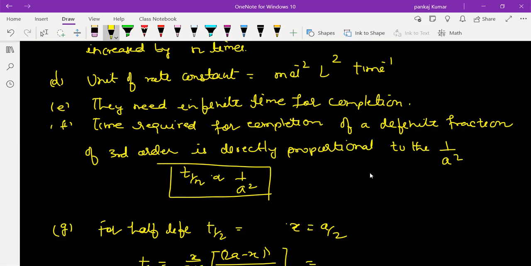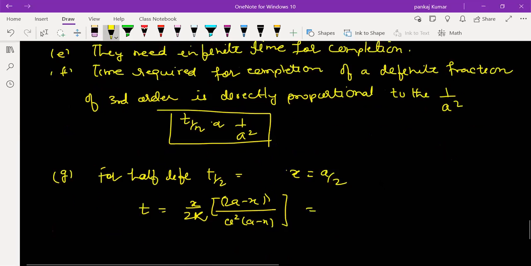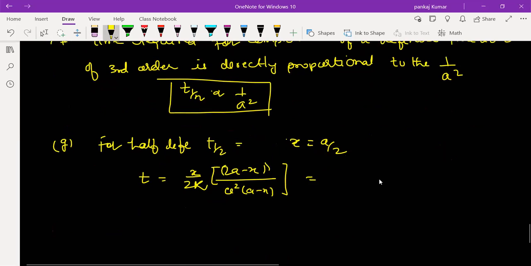Okay, done. You can write here also: t is x by 2k, and instead of t, we substitute t1 by 2, where x will be equal to a by 2.